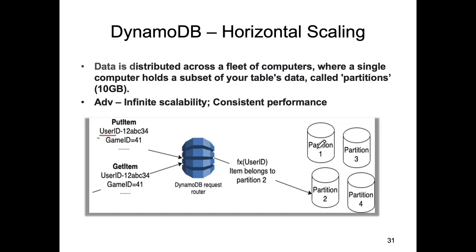And so all of the game results for a particular user will be in one partition. And that's what we want, because more than likely we're going to be querying for a collection of records associated with a particular user. And that group of records that all relate to one user, DynamoDB refers to as a collection, an item collection.